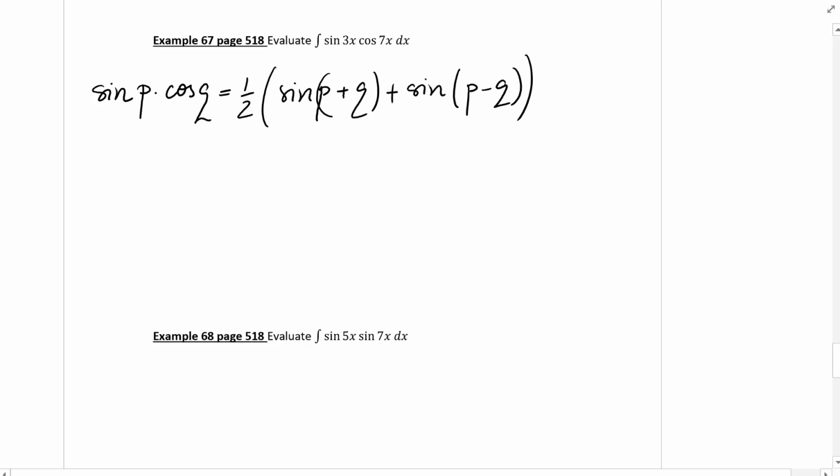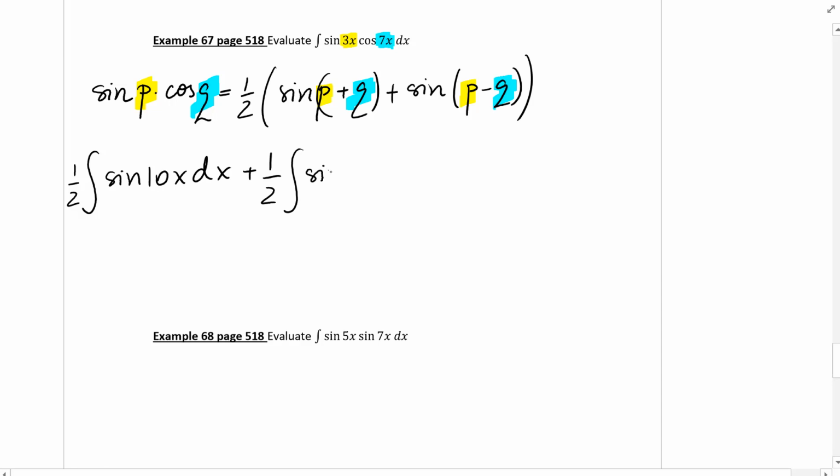So in our case, p is 3x and q is 7x. So if we replace, we get 1 over 2, I can write it outside, integral of sine of 10x dx plus 1 over 2 integral of sine of 3x minus 7x, which is negative 4x dx.